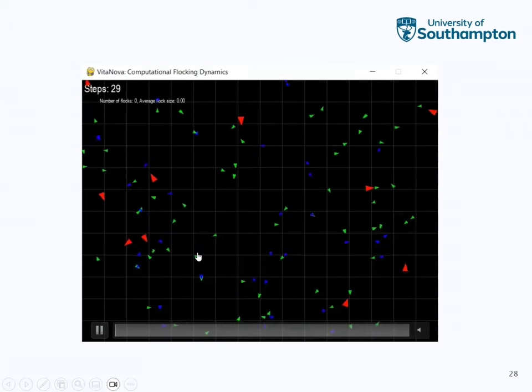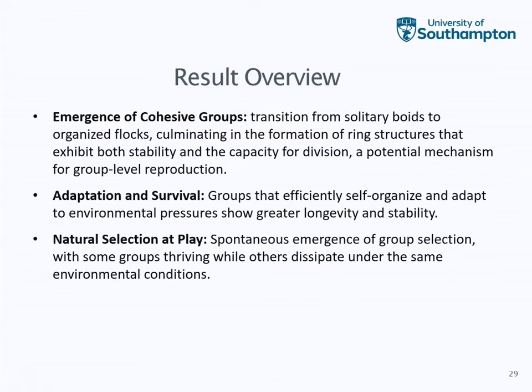Okay, so the result overview is that we have observed the emergence of cohesive groups, a transition from solitary boys to organized flocks, and the formation of ring structures, exhibiting both stability and capacity for division, a potential mechanism for group-level reproduction.